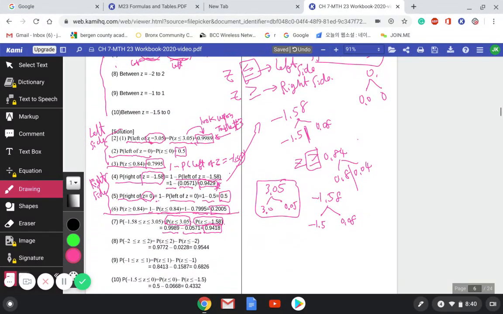Now that was number 8. Number 9 is again between z equal negative 1 to 1, so what you're going to do is left of 1 minus left of negative 1.